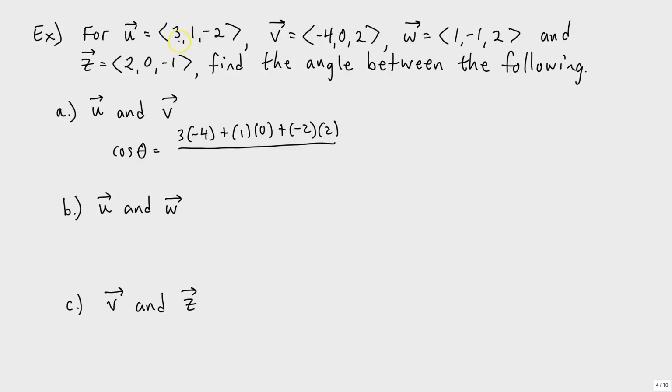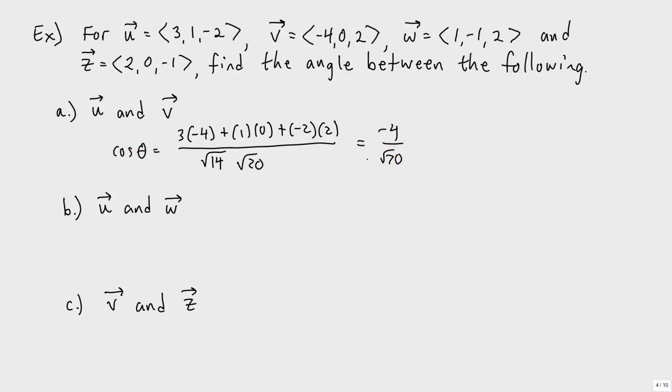The magnitude of u would be the square root of 9 plus 1 plus 4, so the square root of 14. The magnitude of v would be the square root of 16 plus 0 plus 4, that would be 20. So we end up with negative 4 over the square root of 70. So cosine of this angle equals negative 4 over the square root of 70.